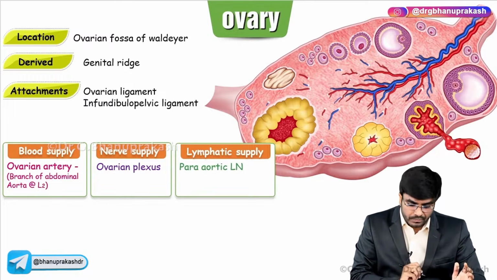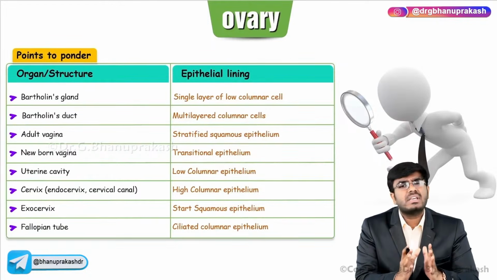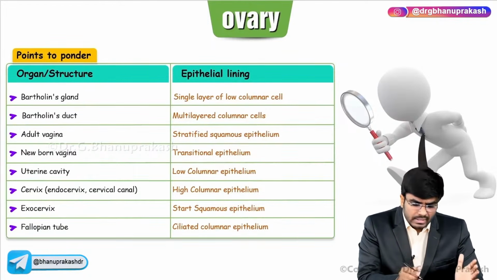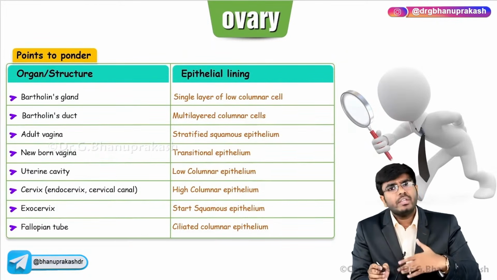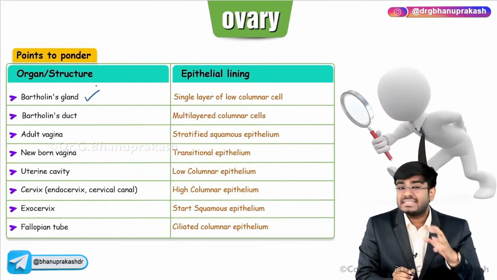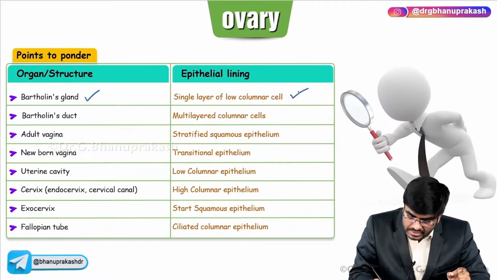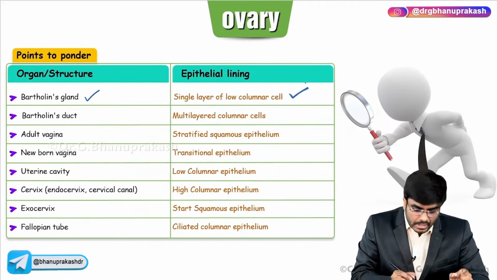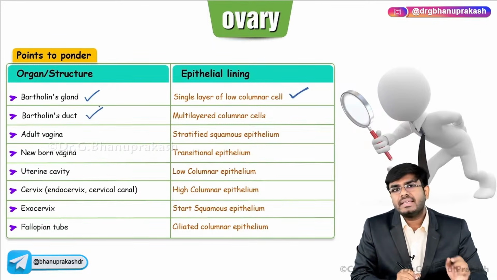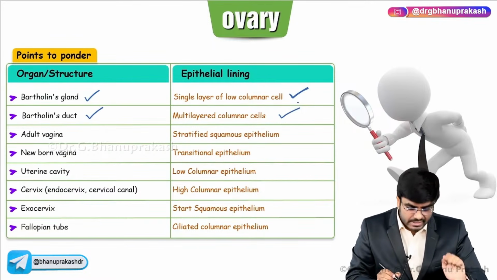Now, let's talk about a few very important points. You are already experts in this. For example, the acini of Bartholin's gland are lined by low columnar or cuboidal epithelium. Bartholin's duct is lined by multi-layered columnar epithelial cells, as we have discussed.